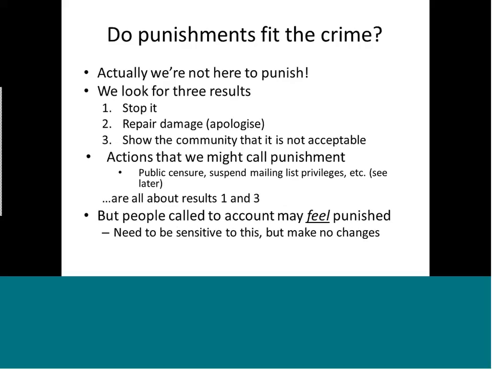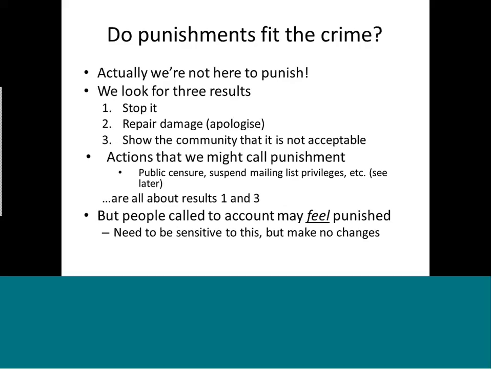The next most important thing is to repair any damage that's been caused. And that's essentially get the person to apologize, get the working relationship back onto an even keel, and get everybody going. And that last thing cuts into show the community that it's not acceptable. Make it a better working environment for everybody.